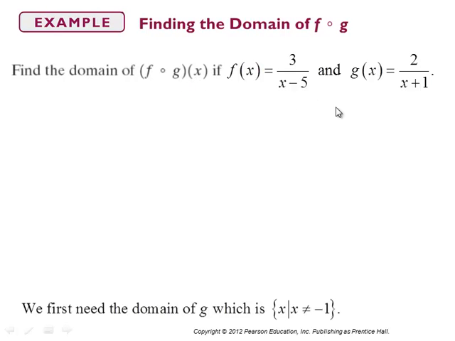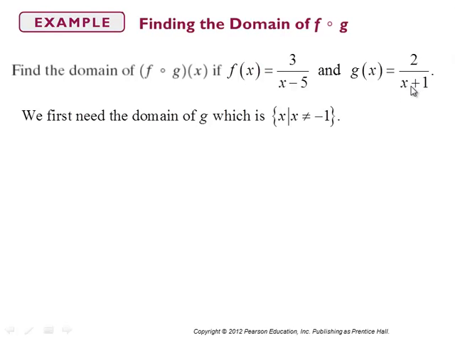Now, g is the innermost function, so let's see whether or not there are any restrictions on the domain of g. And indeed, you cannot divide by 0, so when you set the denominator of this rational function equal to 0 and solve for x, you see that when x is equal to -1, g of x is undefined.